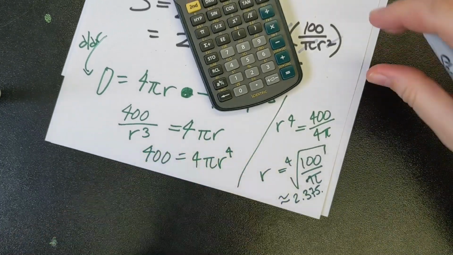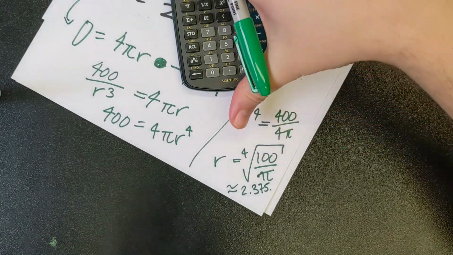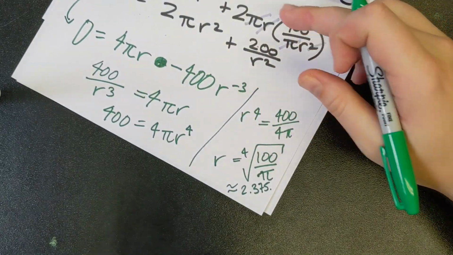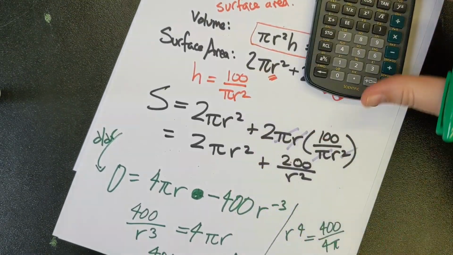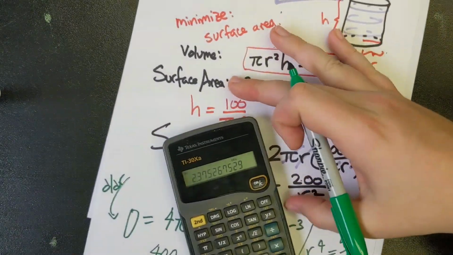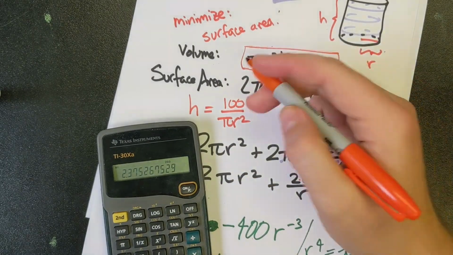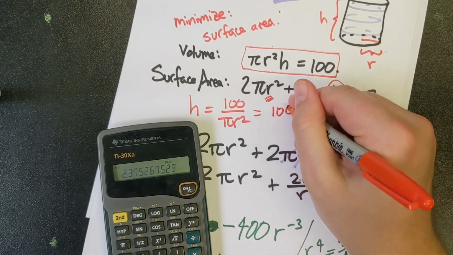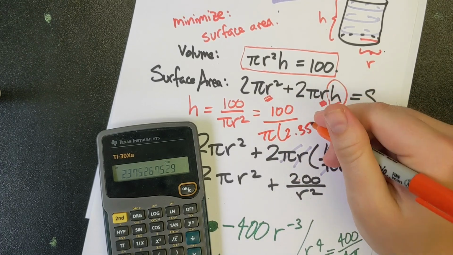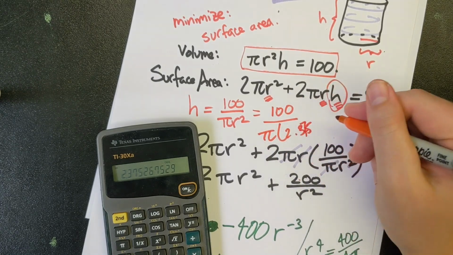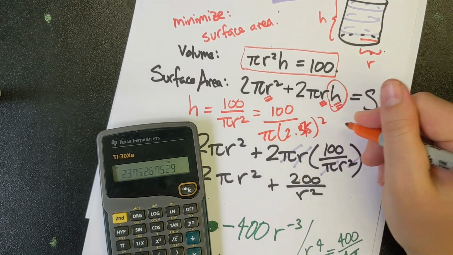So that's about 2.375. And now you might be like, okay, so what should our height be? Because remember, your height is going to come out to be 100 divided by pi r squared. So now you can plug this in. You're like, okay, well, we just found out that my radius is going to be 2.375 or something along those lines squared.